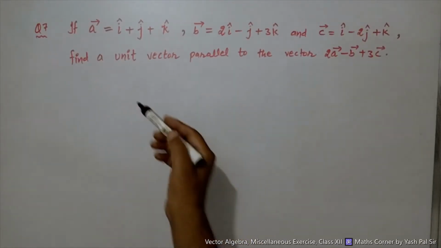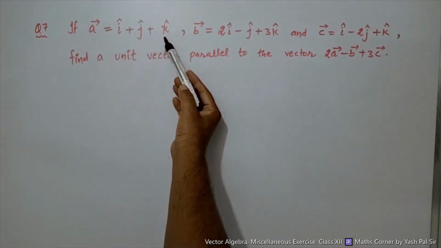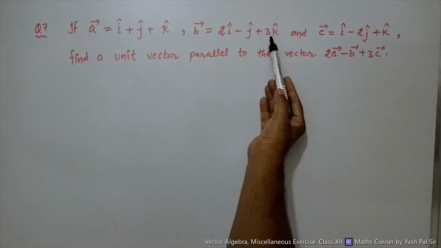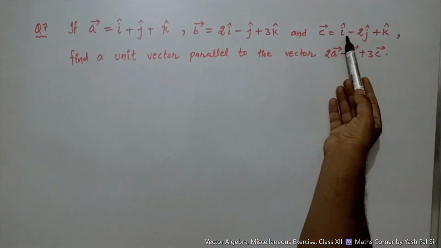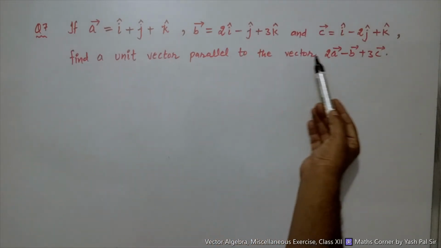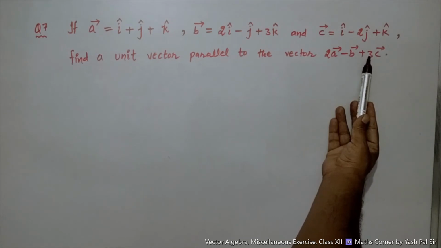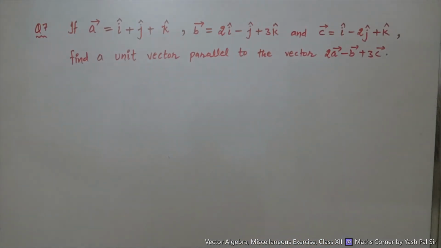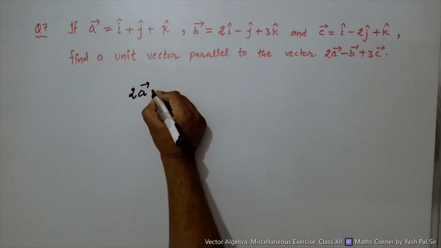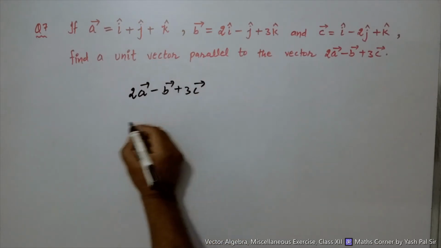Question number 7. If vector a is equal to i plus j plus k, vector b is equal to 2i minus j plus 3k, and vector c is equal to i minus 2j plus k, find a unit vector parallel to the vector 2a minus vector b plus 3 vector c. So here, what is the value of 2a minus vector b plus 3 vector c?